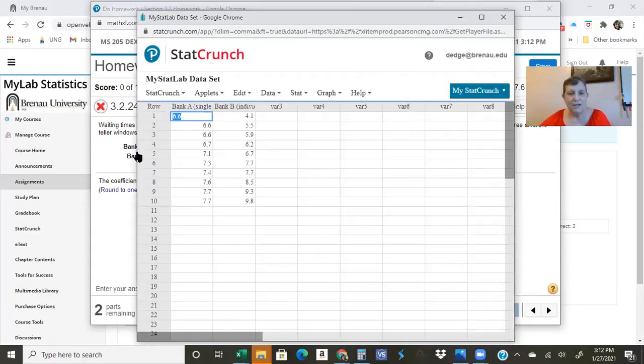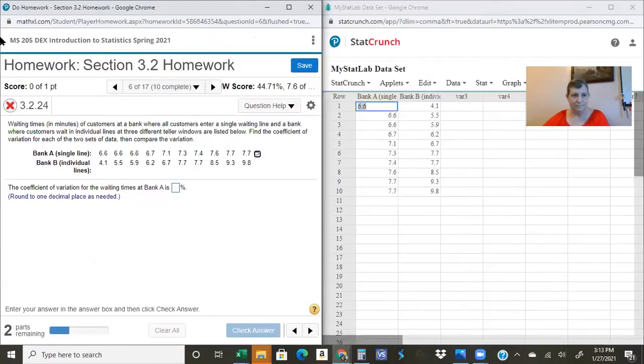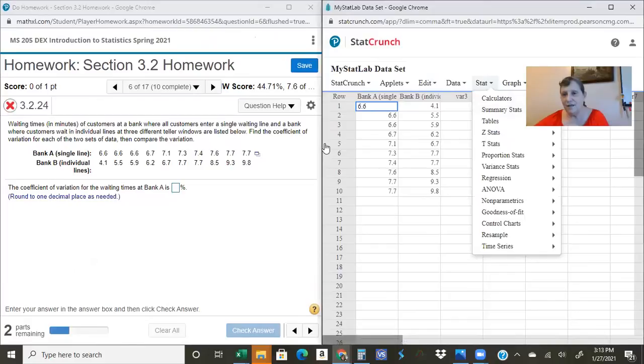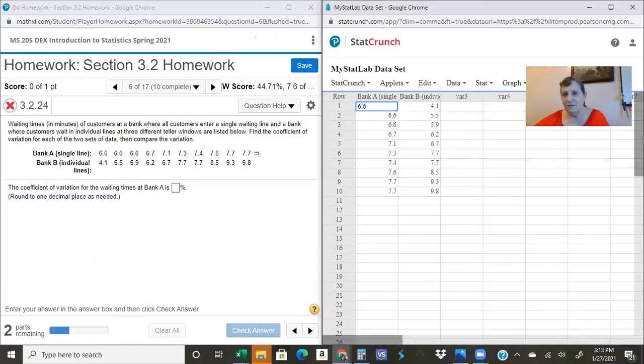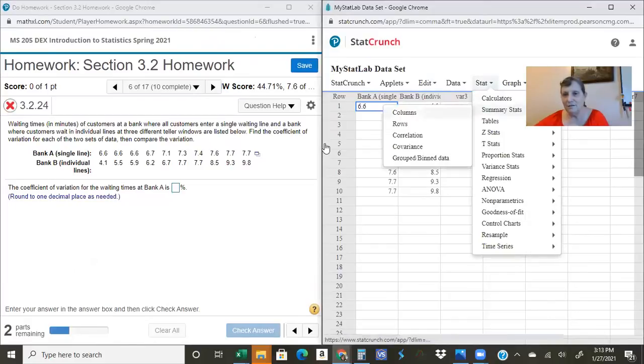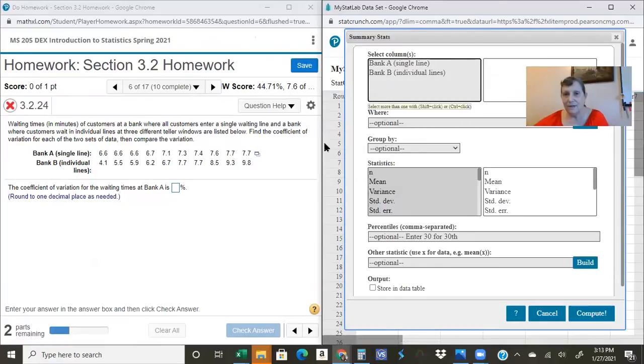So we've got Bank A, Bank B. Bank A has a single line, Bank B has individual lines. So all we have to do here, stat, summary stats, columns. I'm going to highlight both of these.